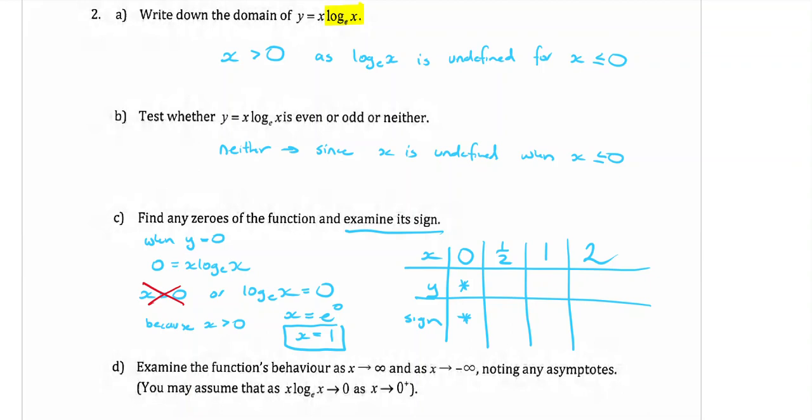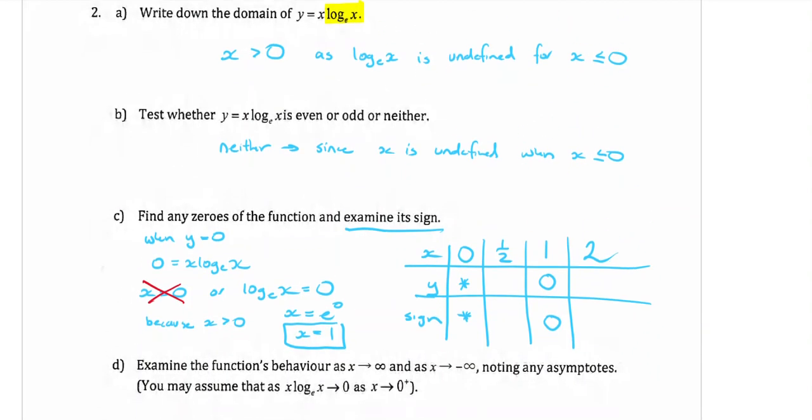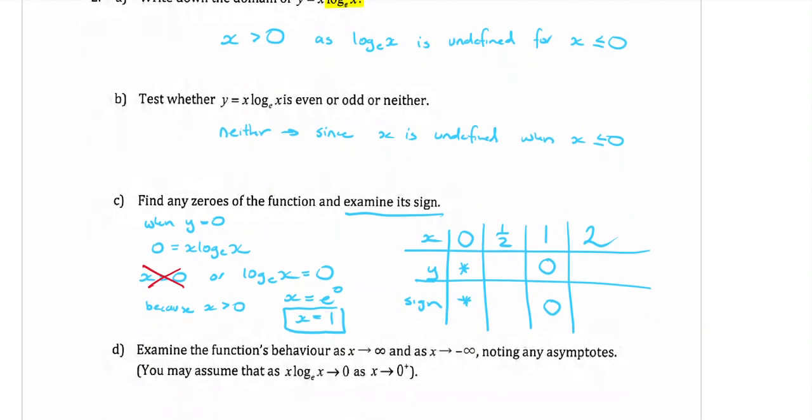If we sub in 1, we know that's our 0. When we sub in a half, you grab your calculators and type in half log e of half, and you get negative 0.3. That's enough. All I need to know is that it's negative.